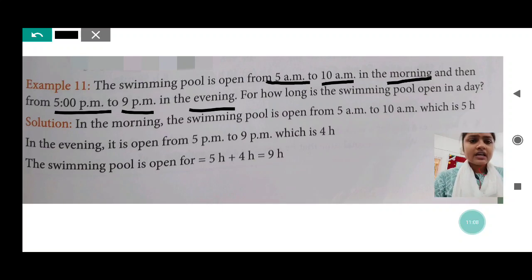In the morning, the swimming pool is open from 5 a.m. to 10 a.m., which is 5 hours.